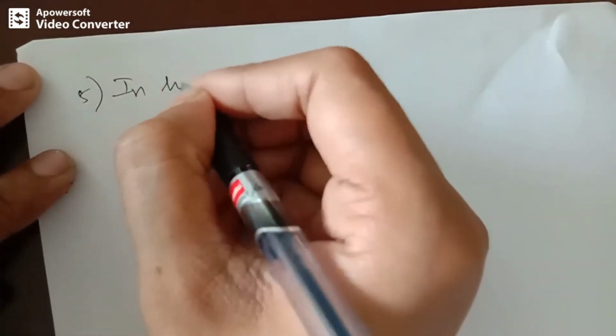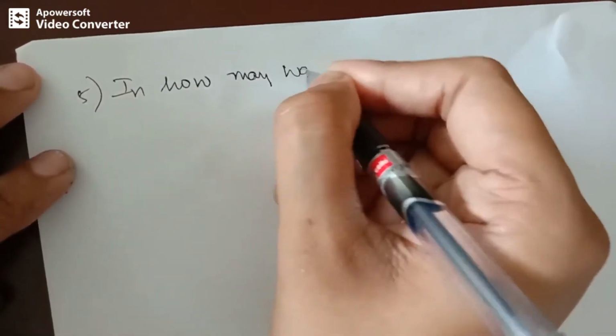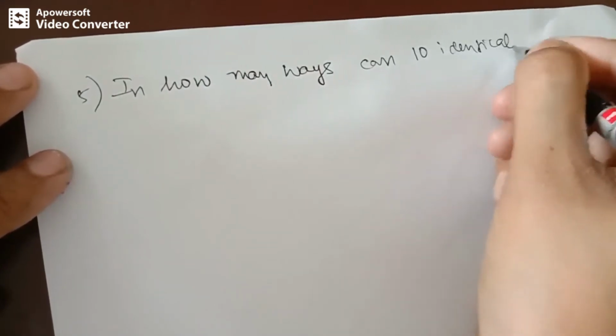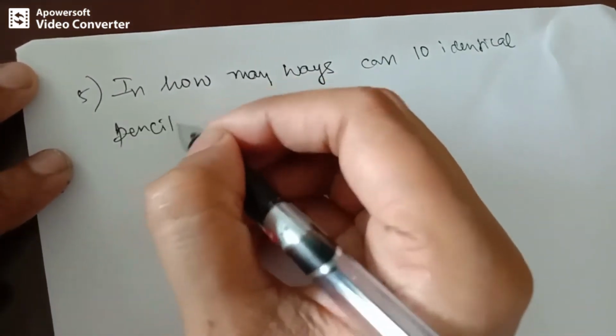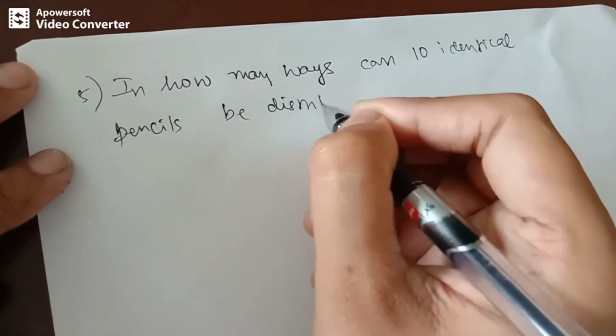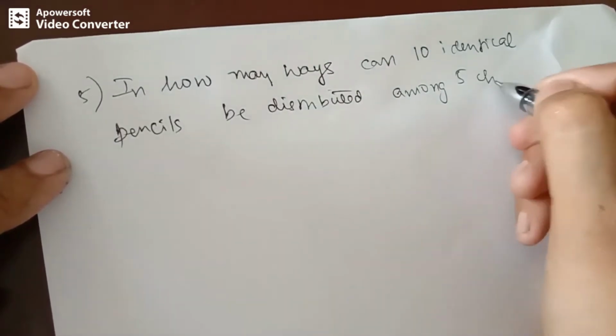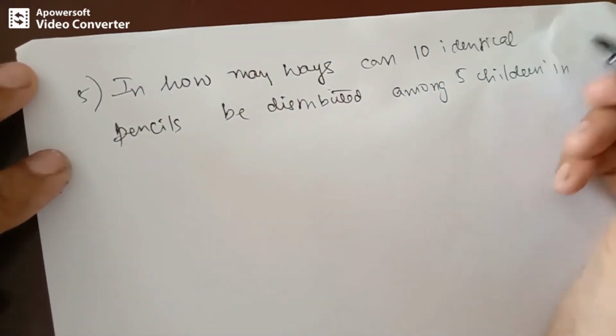So let's take a question. The question is, in how many ways can 10 identical pencils be distributed among 5 children in the following cases.